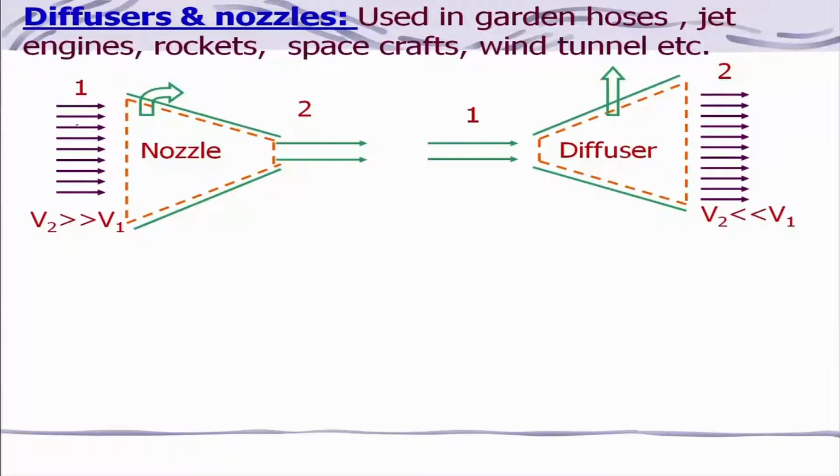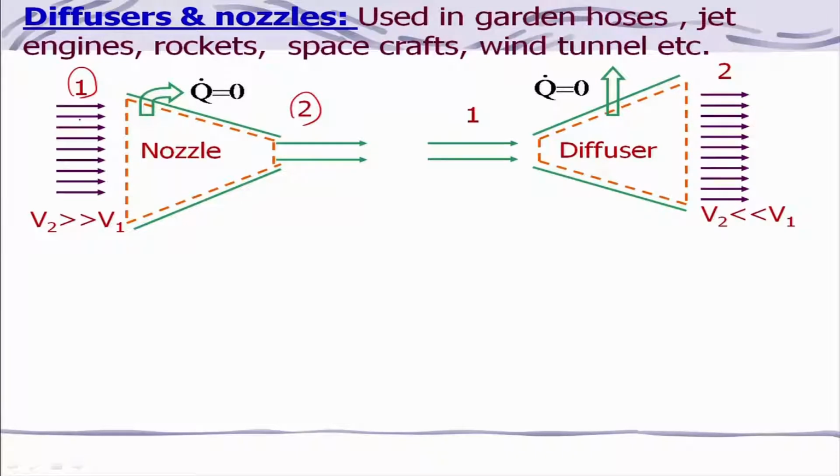So, let us consider a case of a nozzle. If the fluid is entering with a certain velocity, let us say V1, this is station 1 we are considering, and station 2 here.